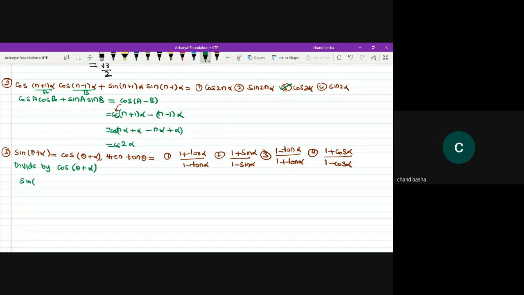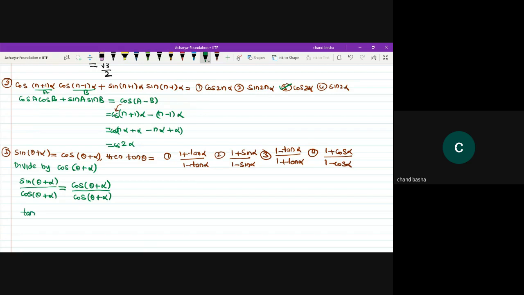So sine of theta plus alpha divided by cos of theta plus alpha is equal to cos of theta plus alpha divided by cos of theta plus alpha. On the right side it cancels to 1, and on the left side sine upon cos.